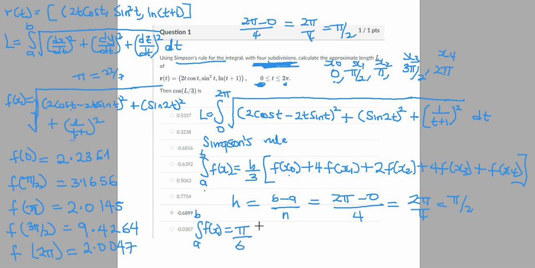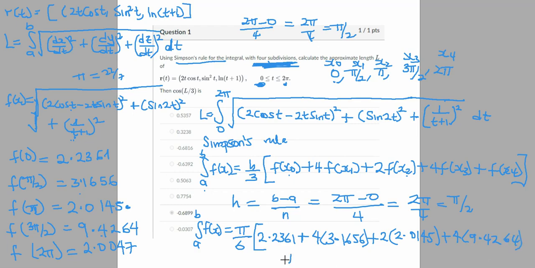That's pi over 6, into f of x0, which is the first one here, that's 2.2361, plus 4 into brackets f of x1, which is this one, 3.1656, plus 2 into f of x2, which is this, 2.0145, plus 4 into f of x3, which is this, 9.4264, plus the last one, f of x4, which is this, 2.0047.